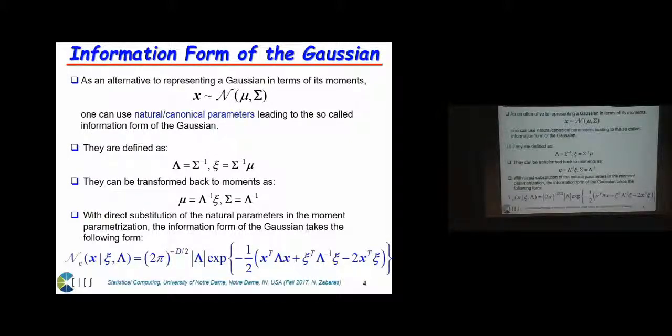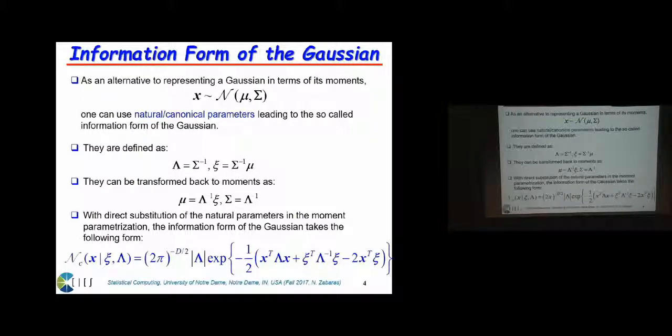So this distribution looks obviously in this form a little bit more complicated and unfamiliar, but hopefully some of the operations with Gaussians will be easier to look at and work with than the moment parameterization with the classical exponential term that we are all familiar with. Okay, so you may ask, what type of calculations are we looking at?